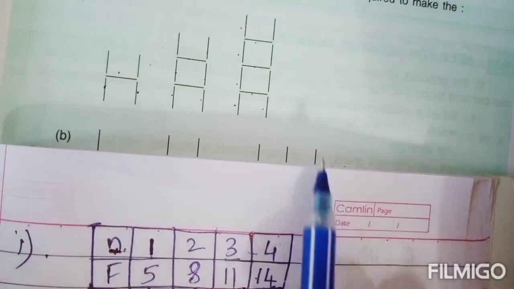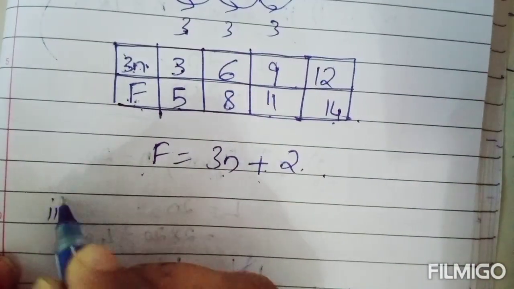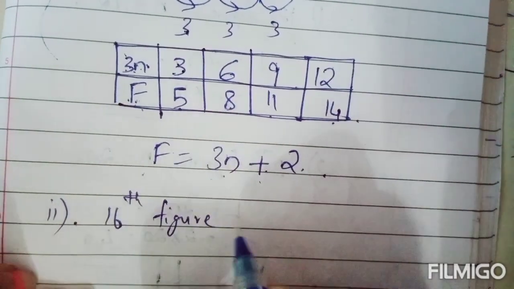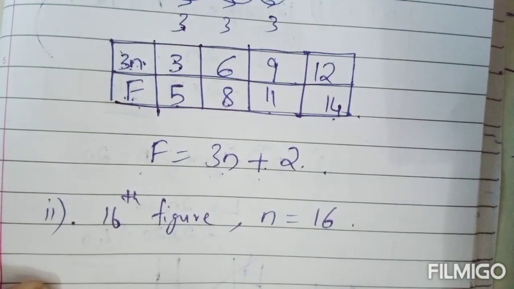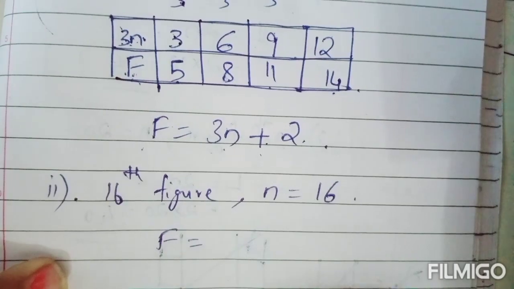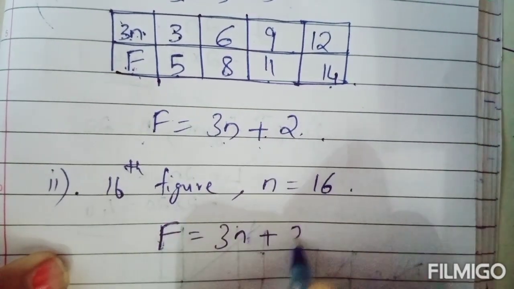Now in the second question, in each case find how many matchsticks are required to make the 16th figure. In the 16th figure, n will be equal to 16, the number of the figure. You can find the number of matchsticks f using f equals 3n plus 2.